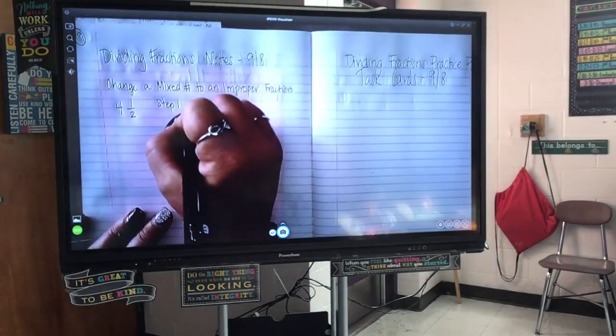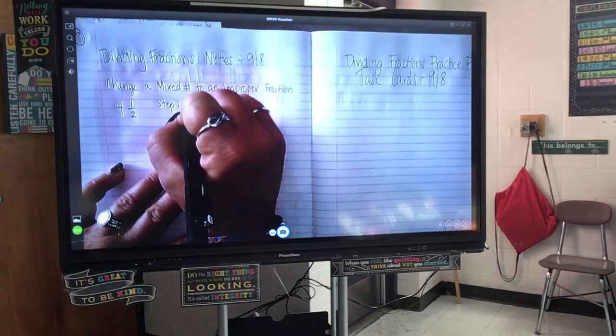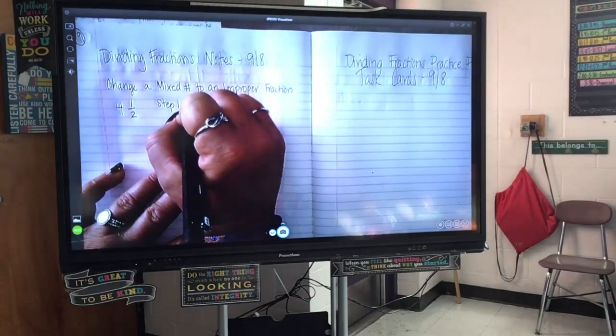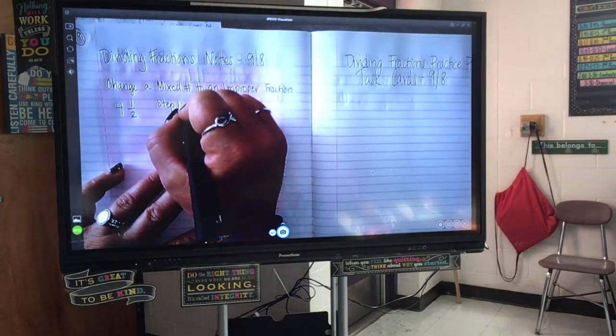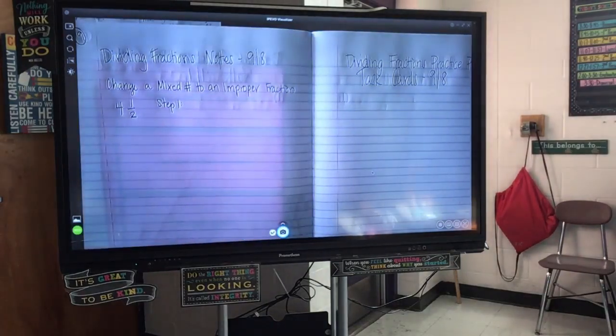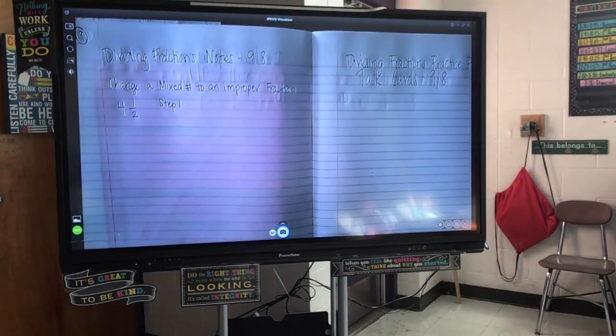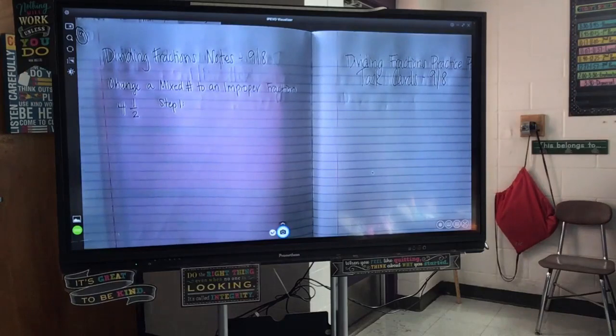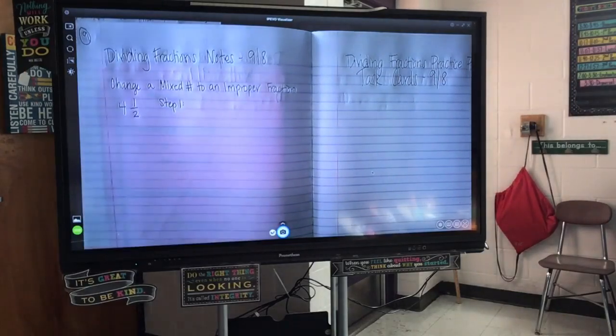You would take the 4 and it would equal 8 because the 4 times 2 equals 8. That's what I was looking for. So you essentially are going to multiply your denominator and your whole number.